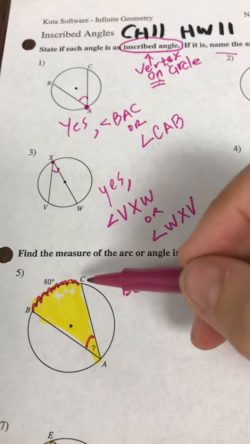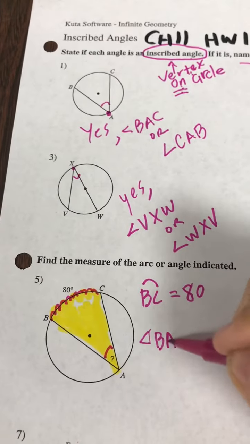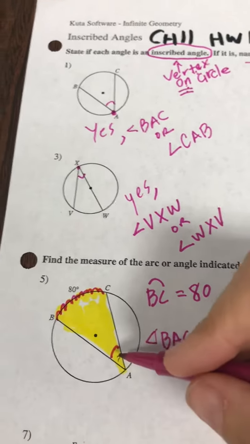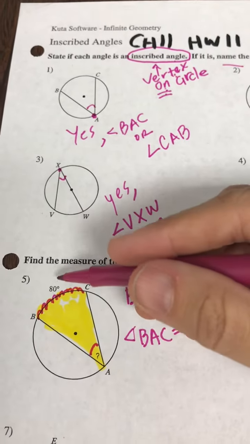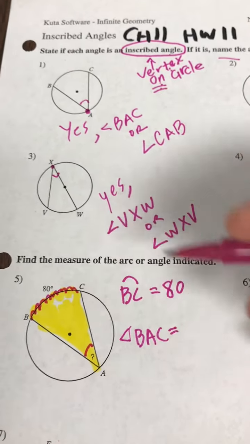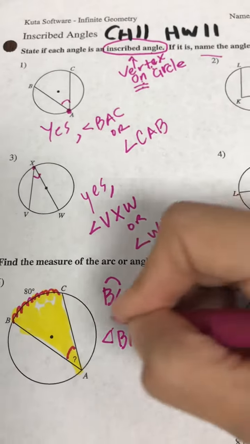Well, the arc was given to me, so they must want the angle. So angle BAC has to be, well, as we said in class, the tip of the cone has to be half of the snow. So I'm thinking this is 40 degrees, and that's our answer.